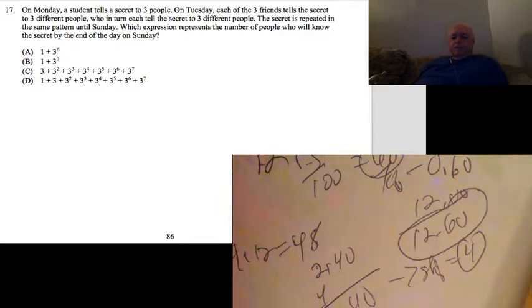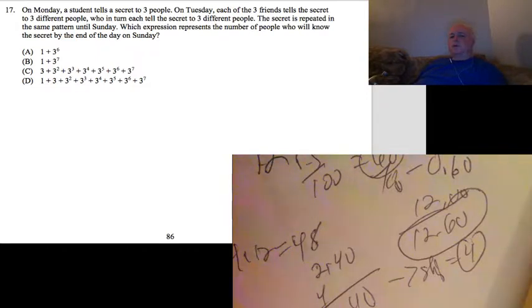All right, let me bring it up on my screen. The difference between C and D is that 1 plus, if I'm reading this right, 7, 6, 5, 4, 3, 2, 1. So if the answer is D, then what happened to the original person?